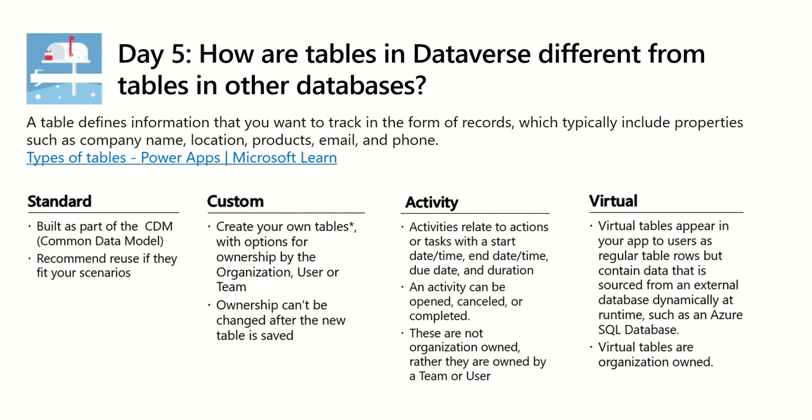People need to work with data in a more composite way, a more aggregate way. And yet they don't want to move their data around for whatever reason. So the best way to handle that challenge is to virtualize data in Dataverse, which means like having a window into that data without having to put the data in Dataverse, which means you have no capacity impacts when you add virtual tables.